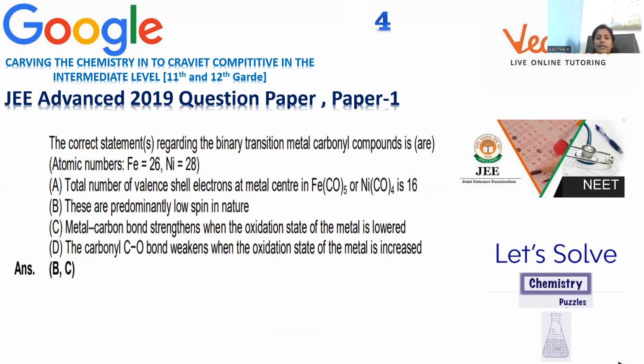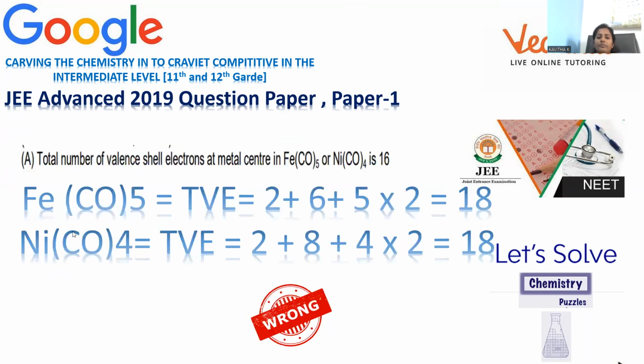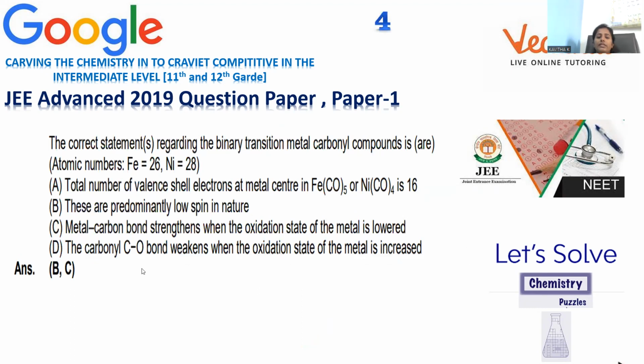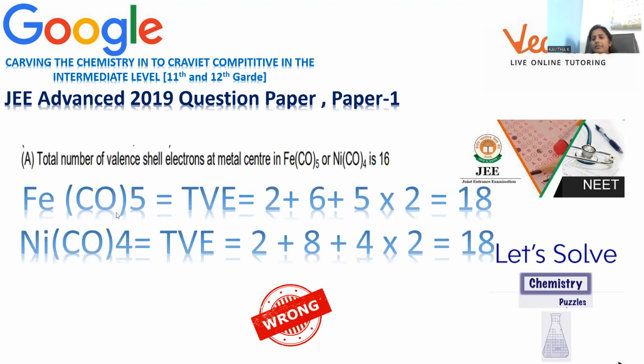For that purpose, they are saying that the total number of valence shell electrons of iron pentacarbonyl and nickel tetracarbonyl are 16. Let's check the total valence electrons. How can we calculate? For the metal iron, the atomic number is 26, and the valence shell configuration is 4s2 3d6. Carbonyl compounds always have oxidation state 0 around the central metal.